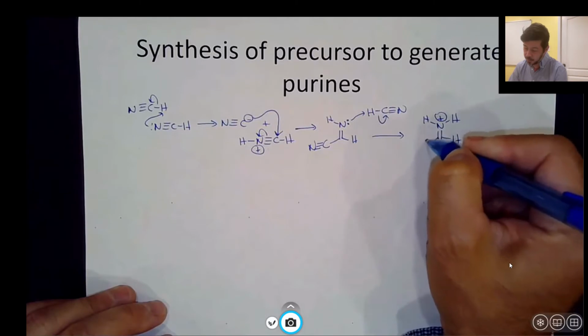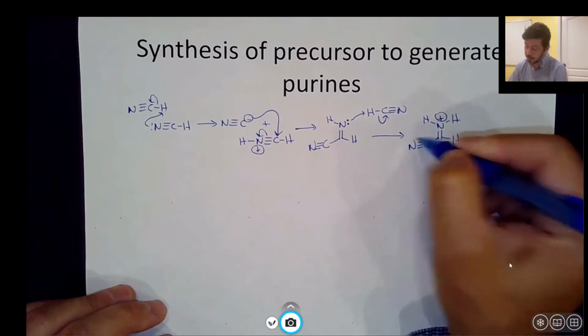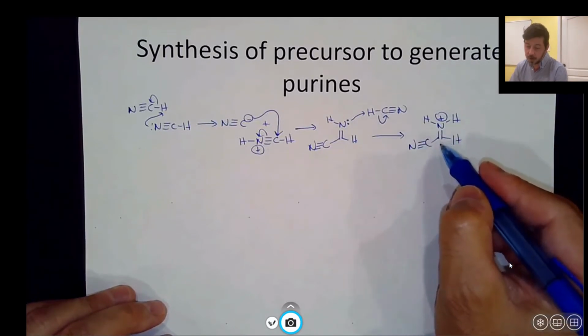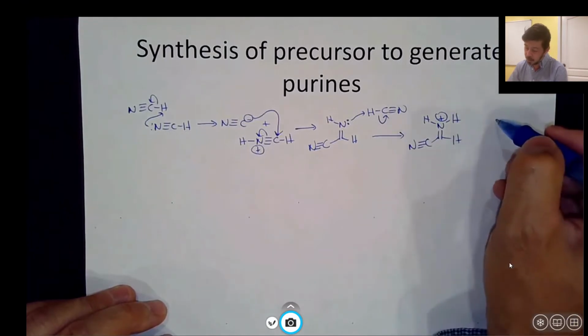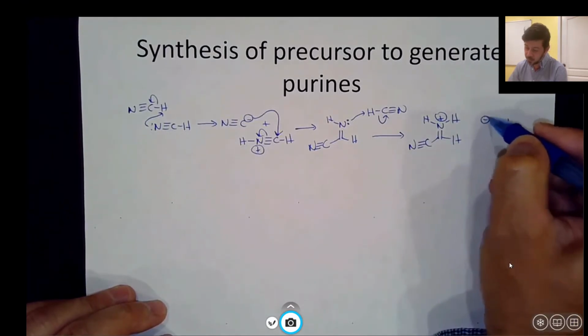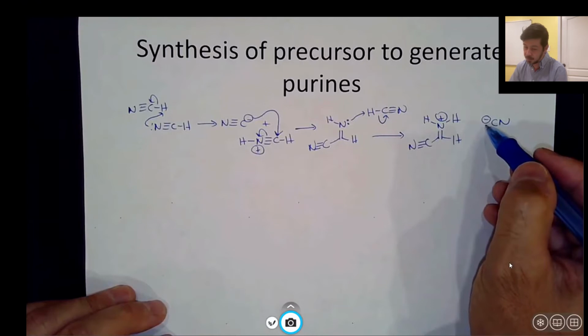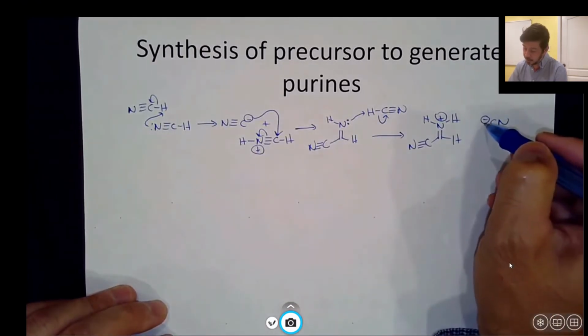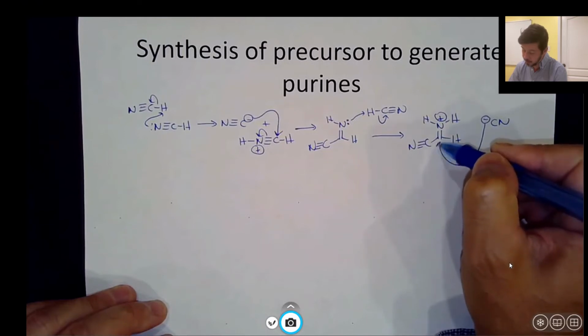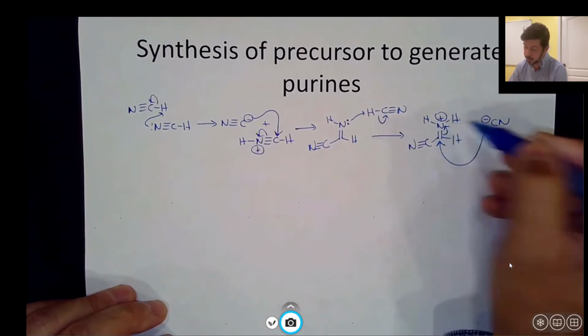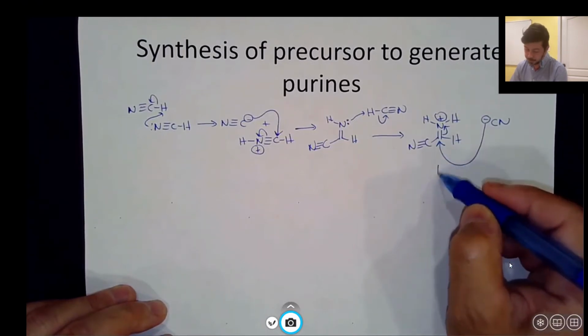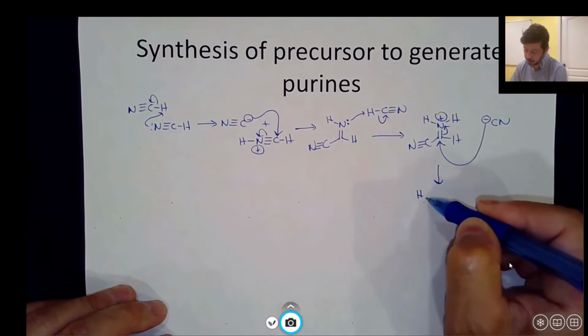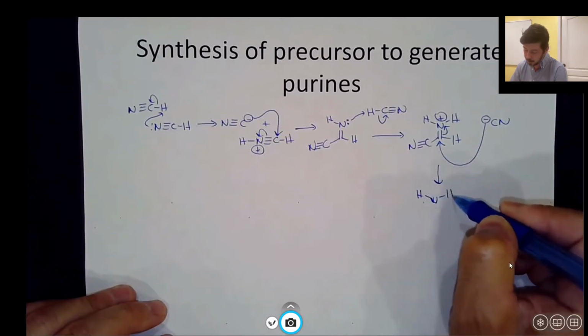And what you've done here is you've created an iminium ion, which is very electrophilic, and at the same time generated a cyanide anion. So like we'd seen in the second step, the nucleophile here will react at the electrophilic portion, get electrons moving up. All right, so let's see, what does that look like?